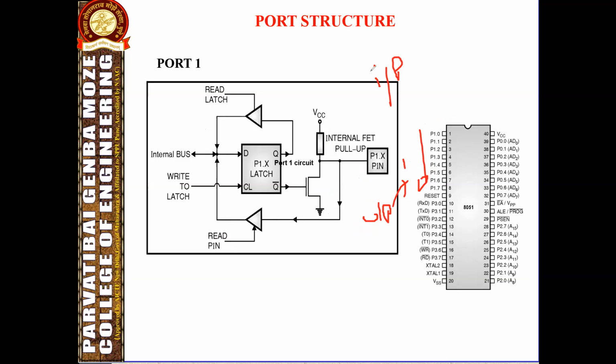One thing we should remember is that before doing a read operation, we have to keep these pins of port 1 high. It should be high. Why? Remember one thing, before doing a read operation, all these pins should be kept high. So how can we do it by instruction? By writing the instructions. What?